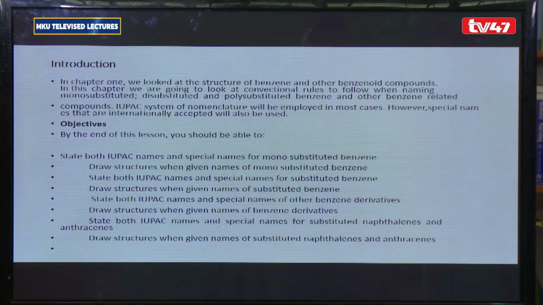And the content of that chapter is that by the end of the lesson, we should be able to state both the IUPAC name and special names of monosubstituted benzene compounds, draw the structures when given names of monosubstituted compounds, give the IUPAC names and special names of benzene derivatives, and also draw the structures and give names of benzoid, that is, substituted aromatic compounds, compounds of naphthalene.